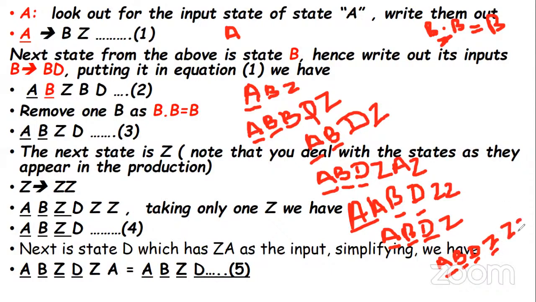It is just Z, Z. So you take Z dot Z equals Z. So in your conclusion, you have A, B, D, and Z. You can see there's no other input that we can generate from here.